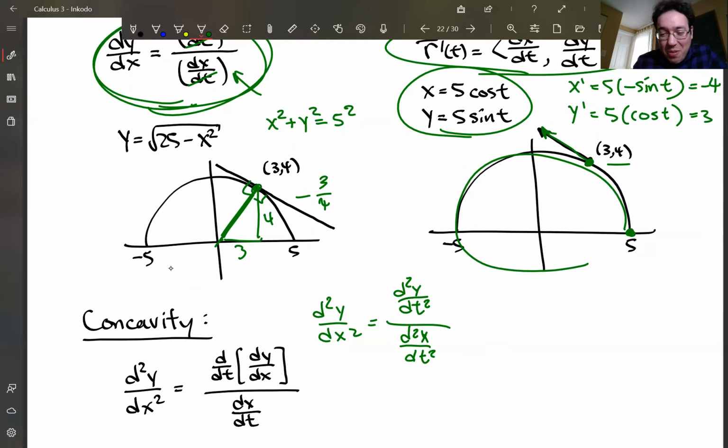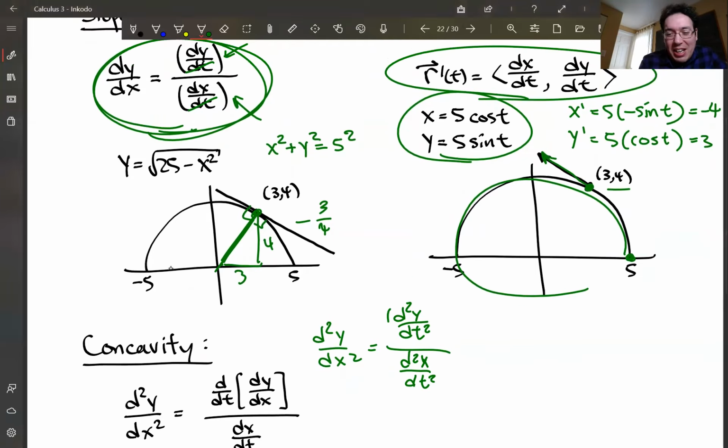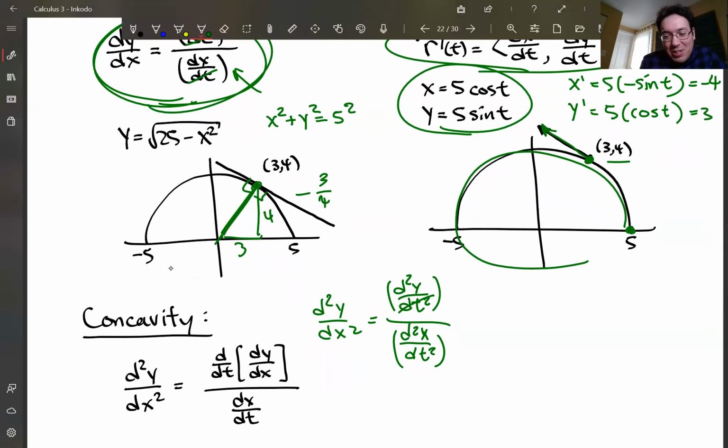But this doesn't quite work. Again, the derivative is not a fraction, but if you try to cancel it out, what you'd get is d squared y over d squared x, which is not the same thing.